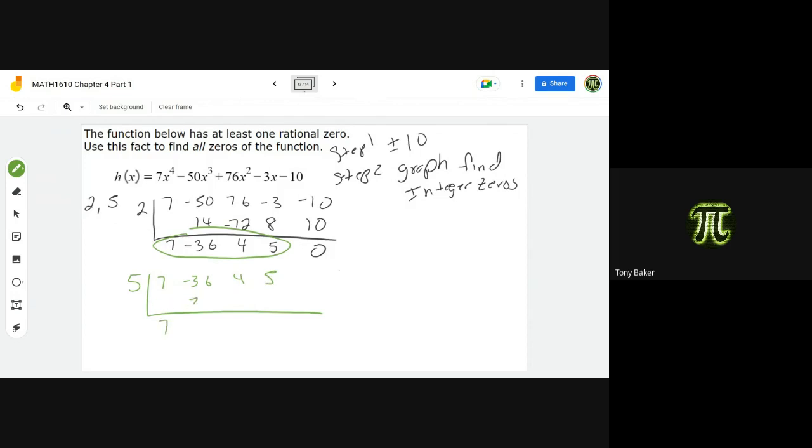So 7, 35, negative 1, negative 5, 0. So now, I've taken this problem and I factored it. I have x minus 2, x minus 5, and then 7x squared minus x minus 1.